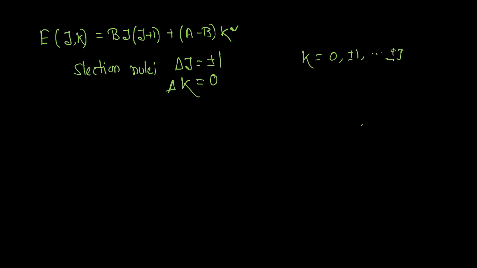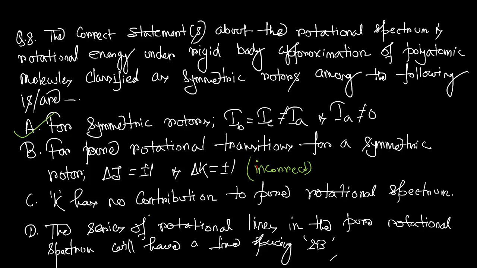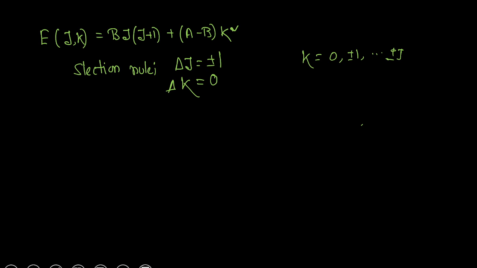Now for D, K has contribution. Now if we talk about E, you can see that from the selection rule, delta K is 0.